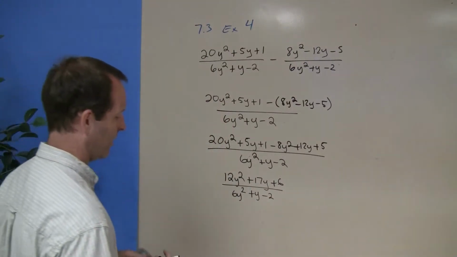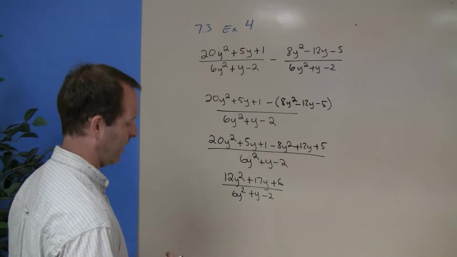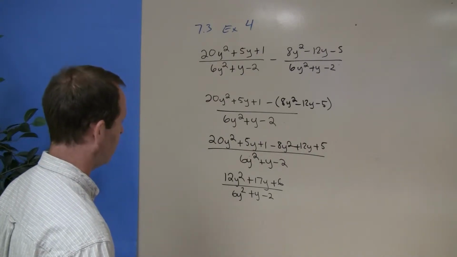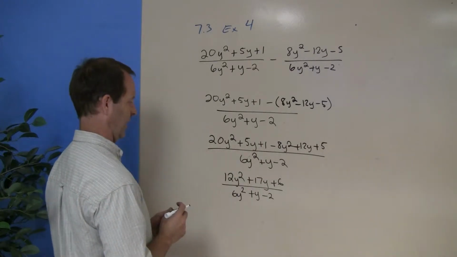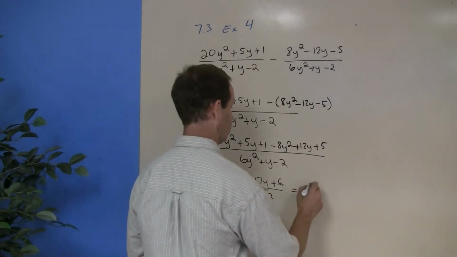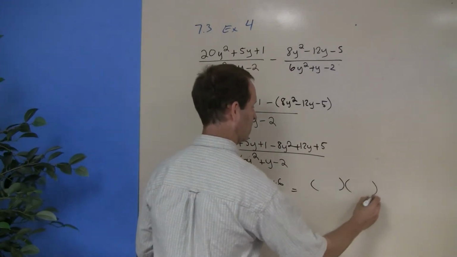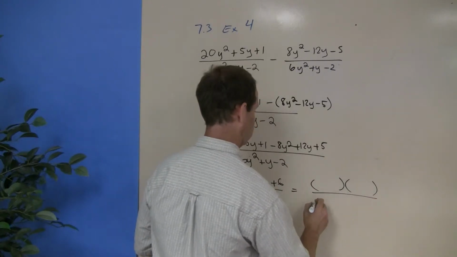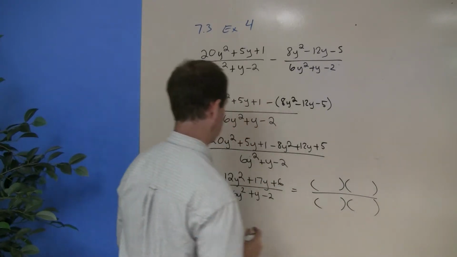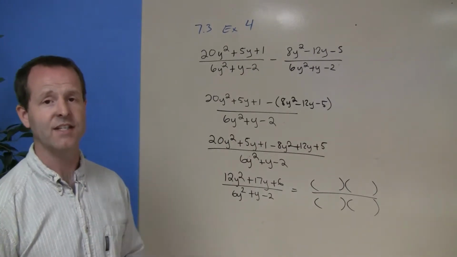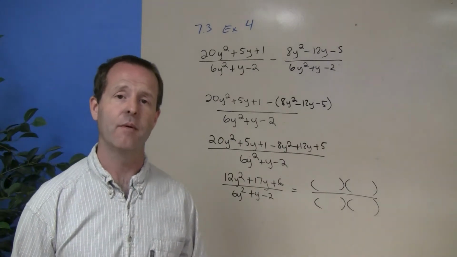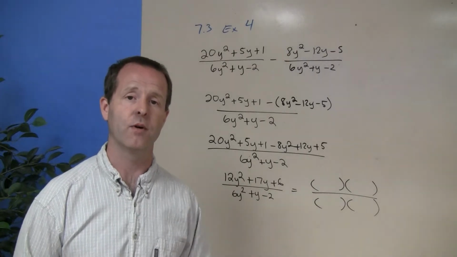All right, we're going to see if this factors down a little bit, and I think it does factor. I might start on the bottom one first. Just a strategy: if it does factor, I have to find common factors in both the denominator and numerator.